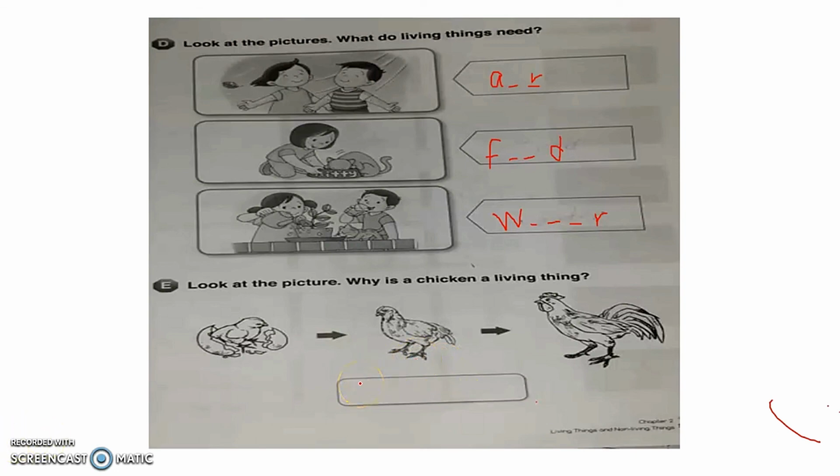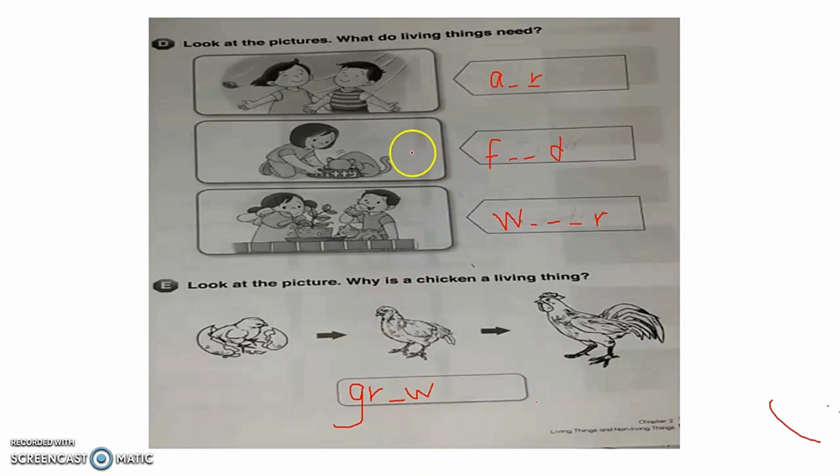The answer here is small g, r. So what do you think is the answer?